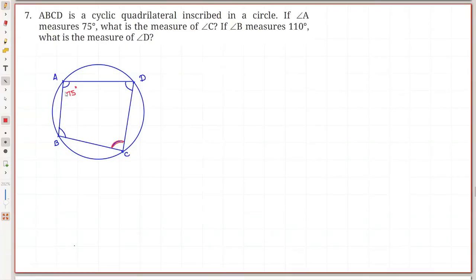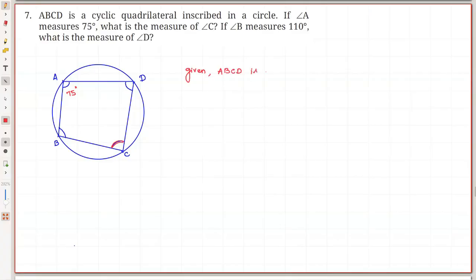Here, angle A is given as 75. They're asking angle C. The connection between A and C is that in a cyclic quadrilateral, the sum of two opposite angles is equal to 180 degrees. So 75 plus angle C is equal to 180 degrees. First you have to write the given information: ABCD is a cyclic quadrilateral.